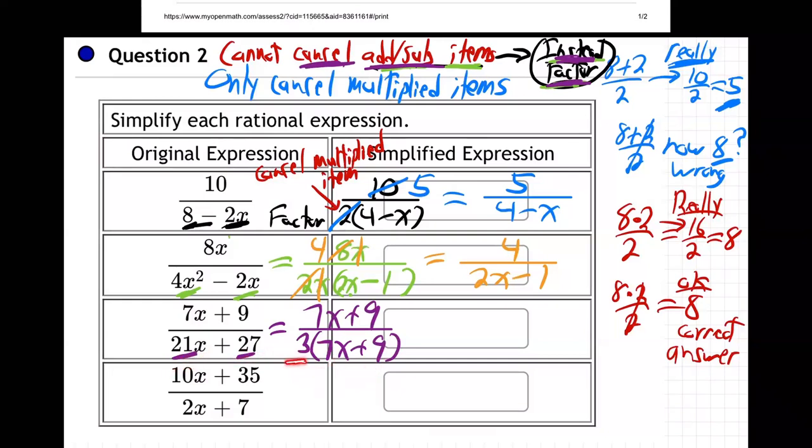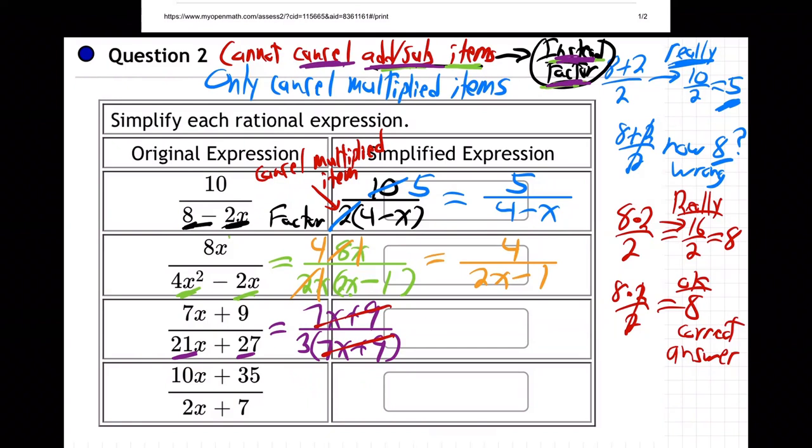Now on the bottom, it's multiplied. Now this time, the 3 is a multiplied item, and the whole 7x plus 9, like the whole package, is a multiplied item, right? It's in parentheses, which means times. So you can cancel the whole entire 7x plus 9 because the whole thing is multiplied on the bottom.